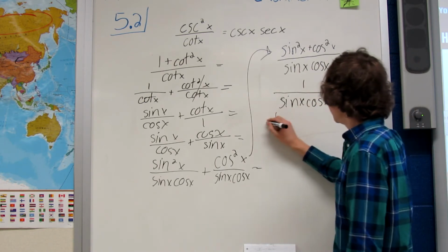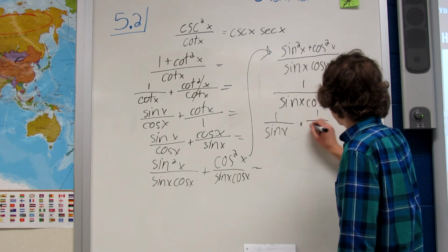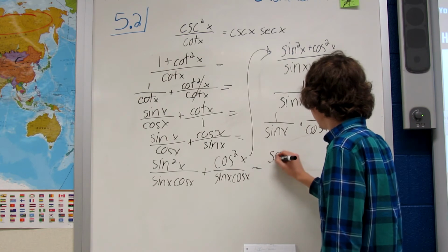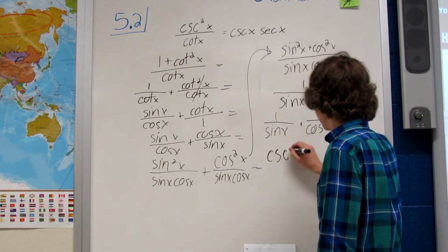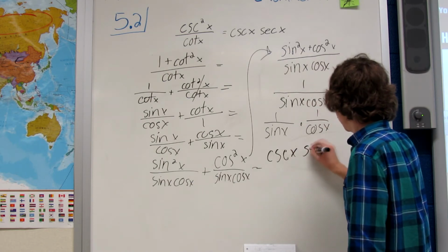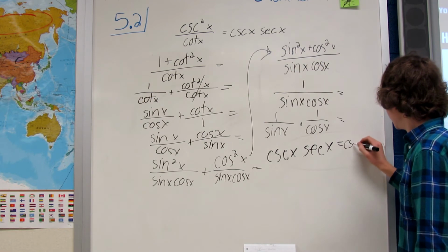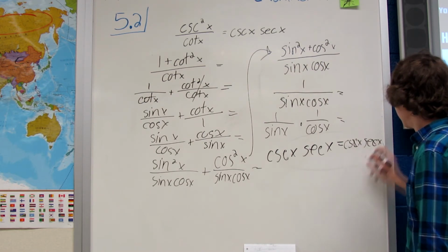And then you break this apart into 1 over the sine of x times 1 over the cosine of x. And this can be turned into the cosecant of x, and this into the secant of x, which equals the cosecant of x and the secant of x.